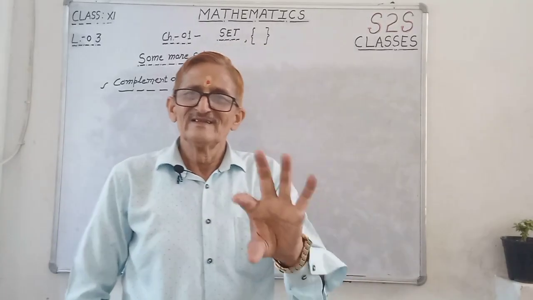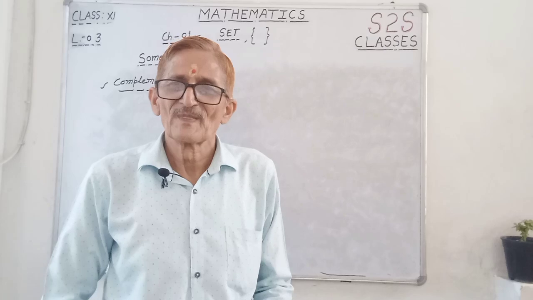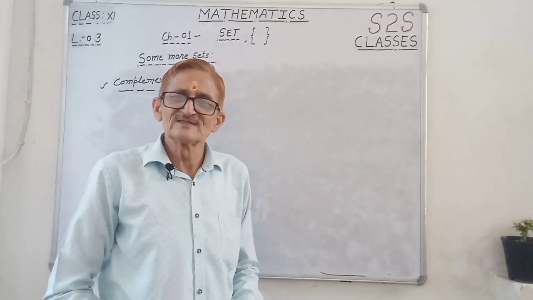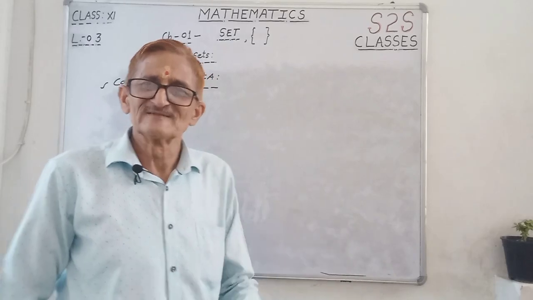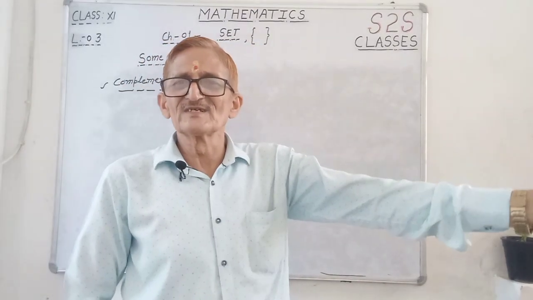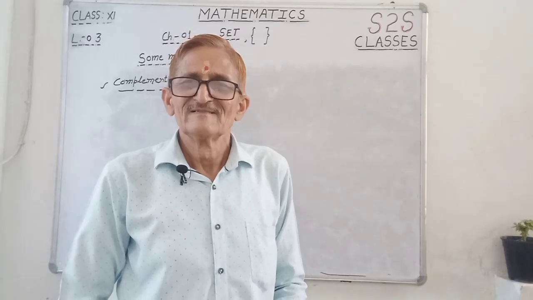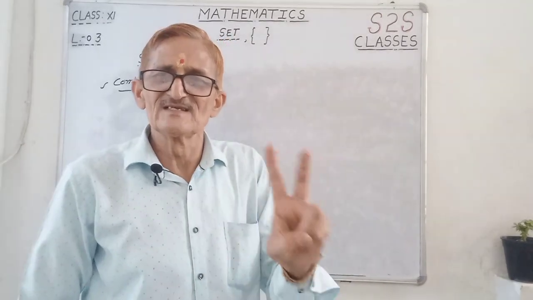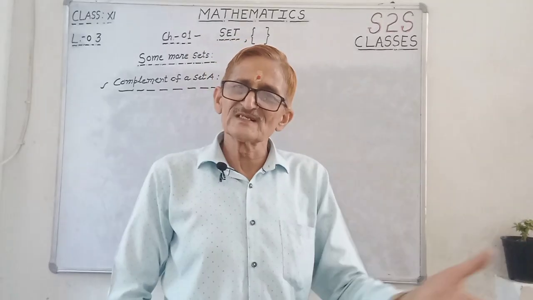Then they are complementary angles to each other. So here, complement means the union of the two sets is equal to the universal set.